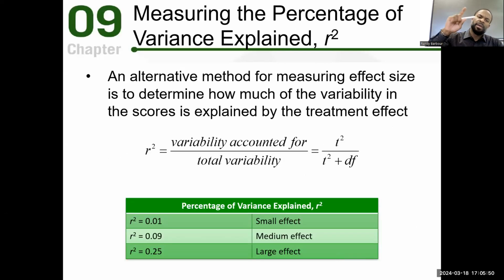All right, the second measure, right? When you think about your research that you're doing for your sample, another measure of effect size is called r squared. And r squared indicates the percentage of the variance that is explained by the treatment, right? So if we go back to our example with the light emitting e-readers, we were looking at the effect size of those e-readers on the individuals who participated in that study.